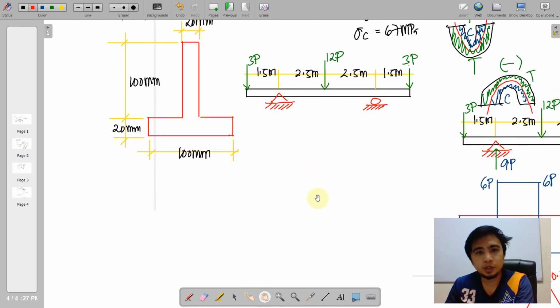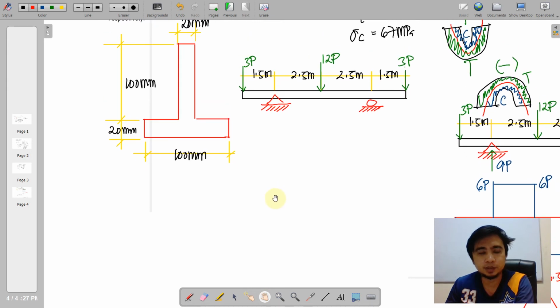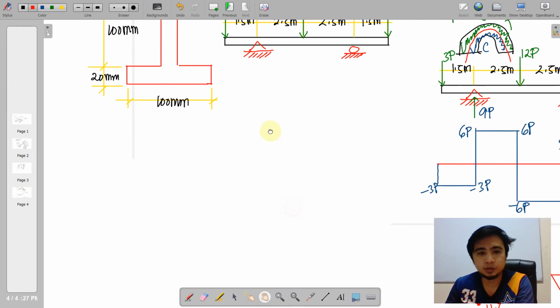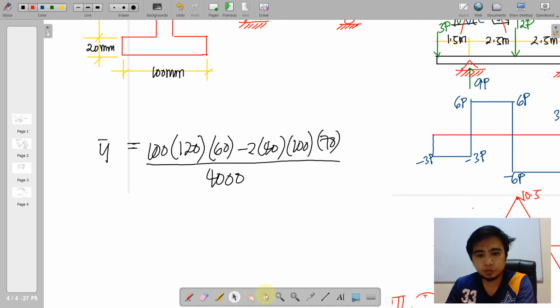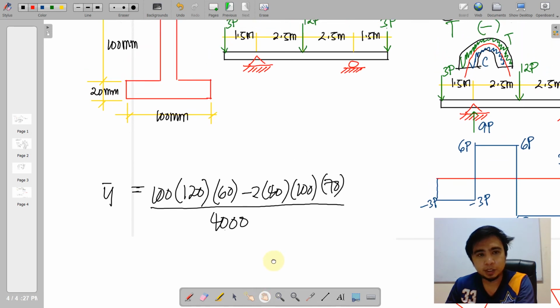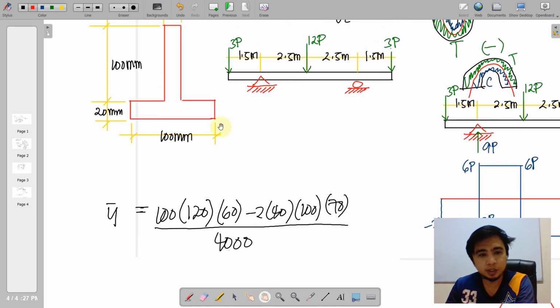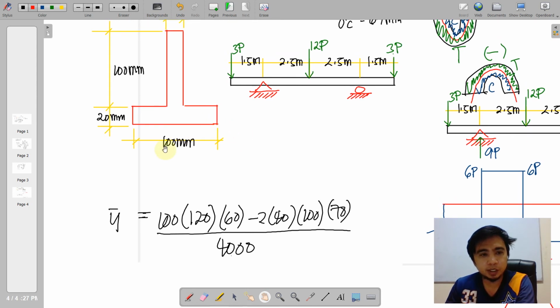So moving on, we need to go over the moment of inertia as well as the y-bar of this cross section. First, for the y-bar, we'll just have to consider here the bigger rectangle. So the bigger rectangle here is 100 as the base and 120 as the height.